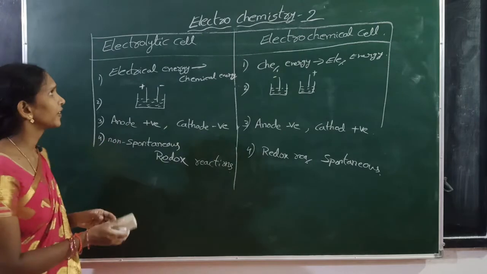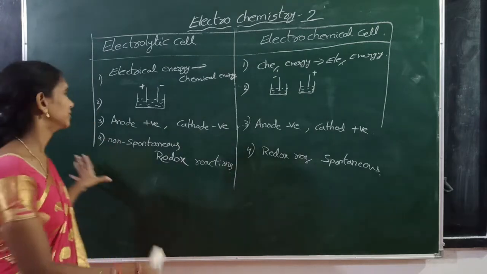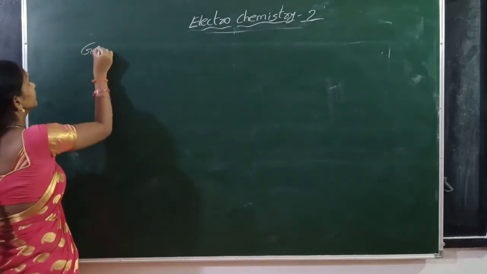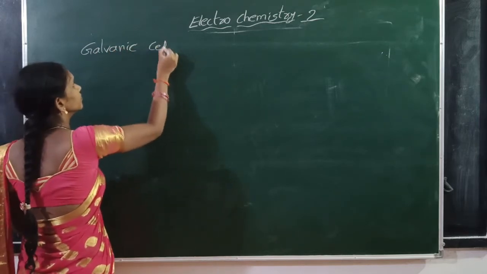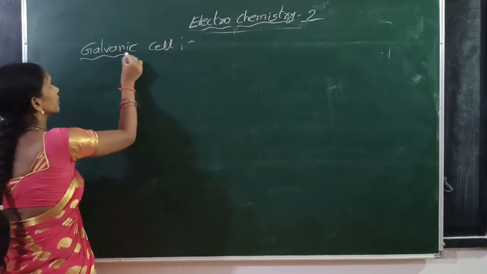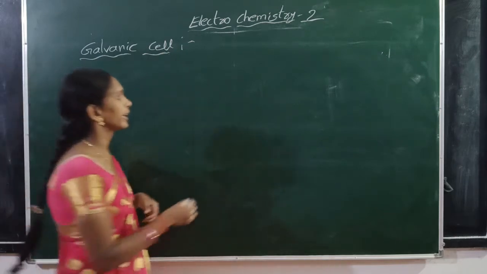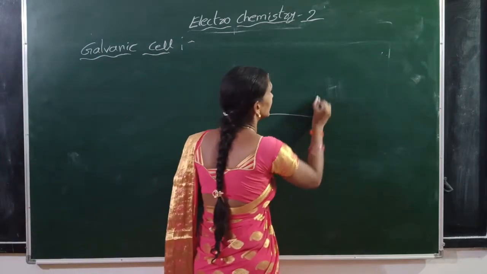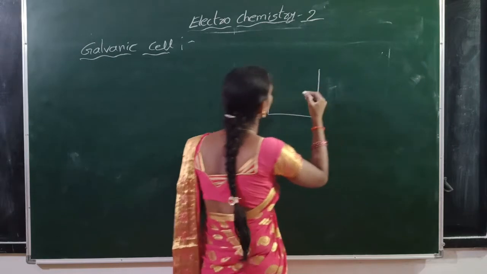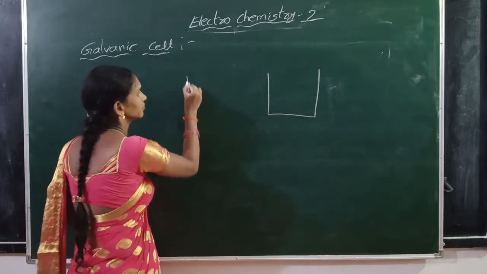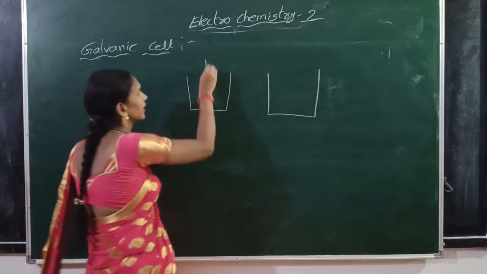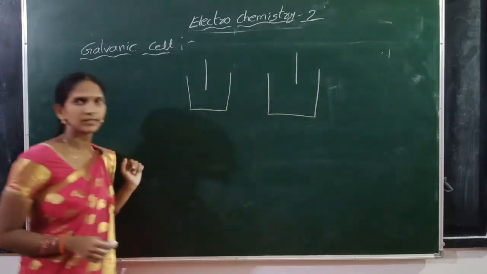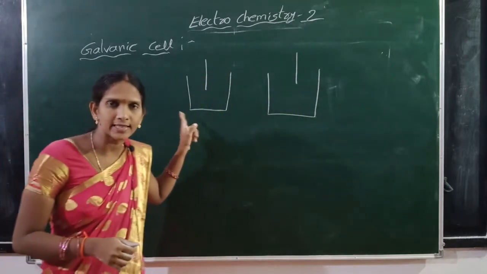The next one is the galvanic cell. Here I take two containers having two electrolytes. This is the electrochemical cell.